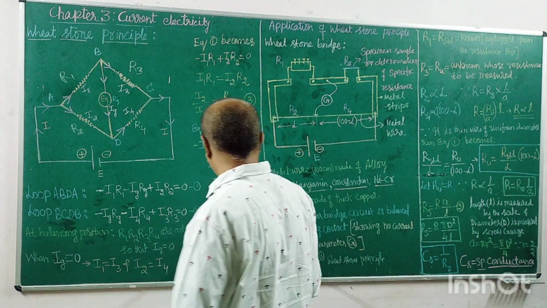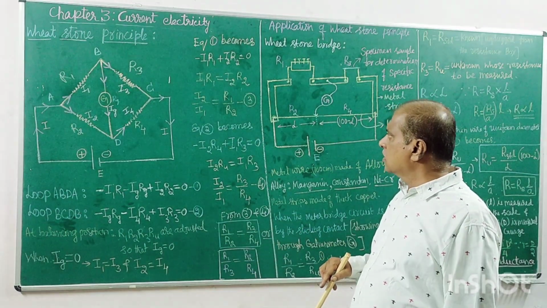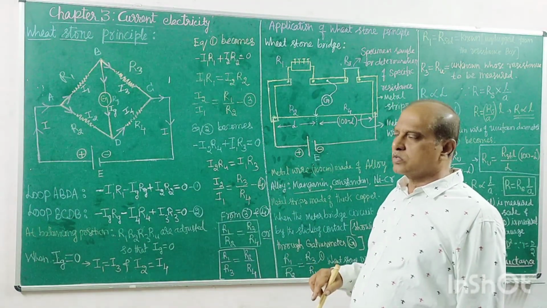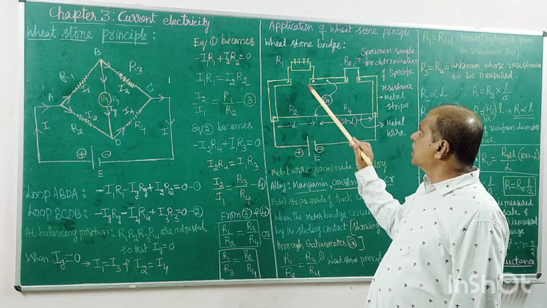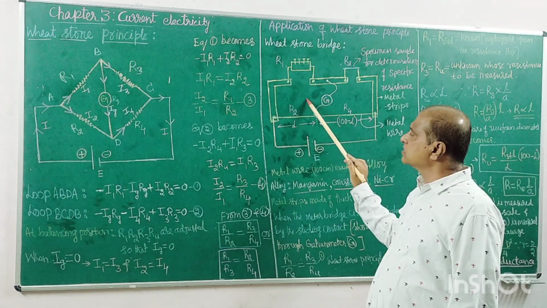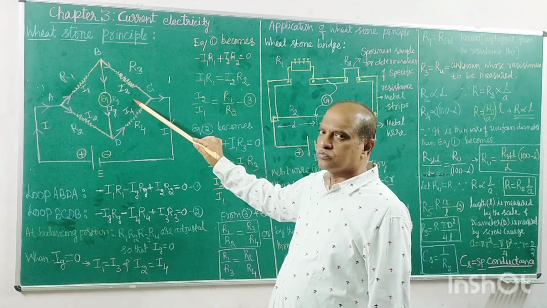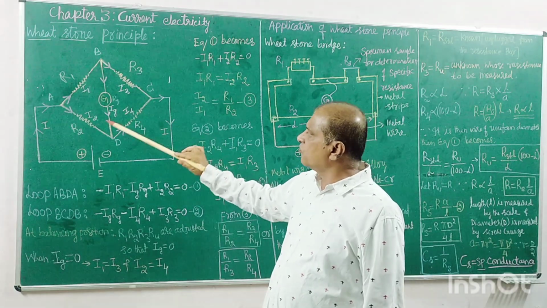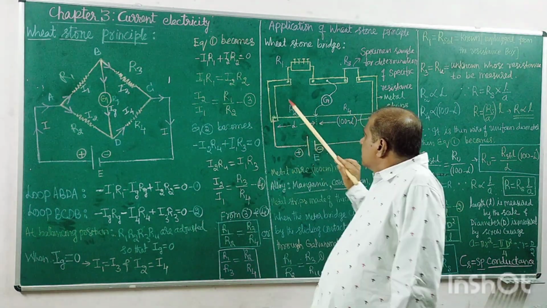What is the application of this Wheatstone principle? We can construct a bridge like this. It is called a Wheatstone bridge. For this fashion of circuit, the same thing is constructed.